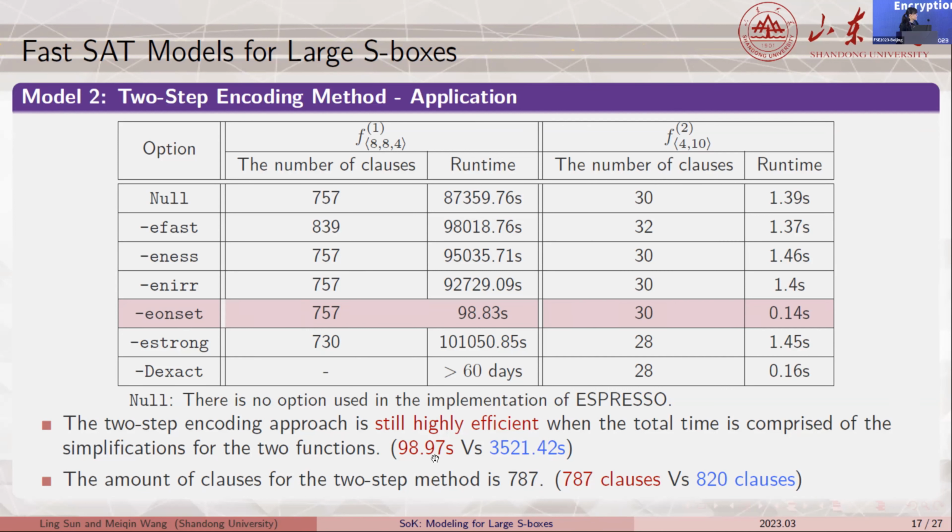The total runtime is about 98 seconds, and it is much less than the previous one without using the 2-step encoding method. Also, the number of clauses for the 2-step method is 787. It is also less than the previous one without the new method.